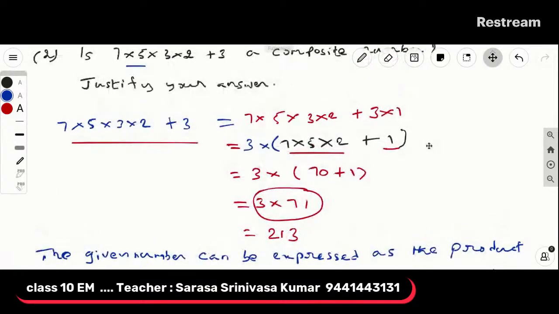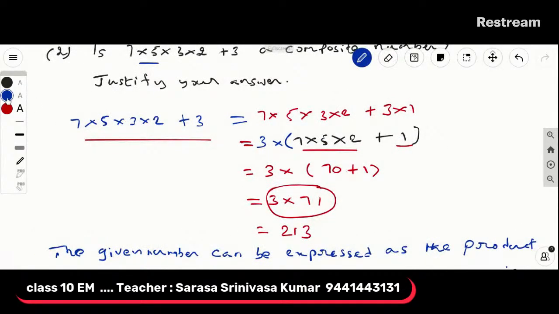So let us discuss this problem. Here, this is the given number. The first term in this step is 7 multiplied by 5 multiplied by 3 multiplied by 2, and the second term is written as 3 multiplied by 1. So we can write 3 multiplied by (7 multiplied by 5 multiplied by 2 plus 1).